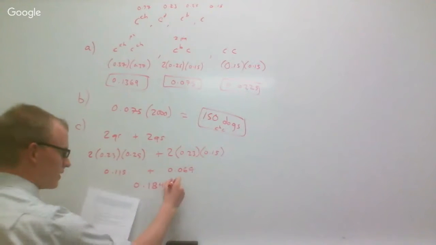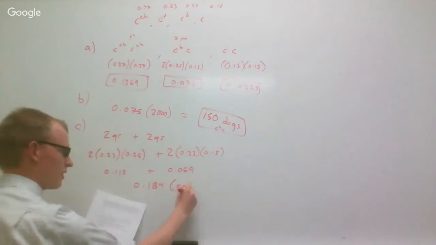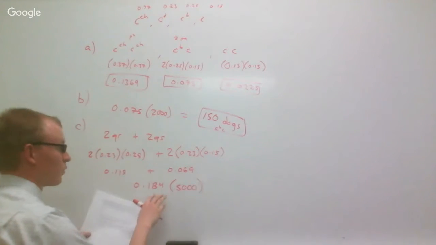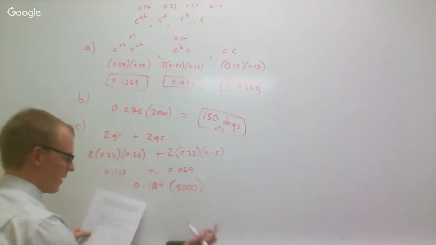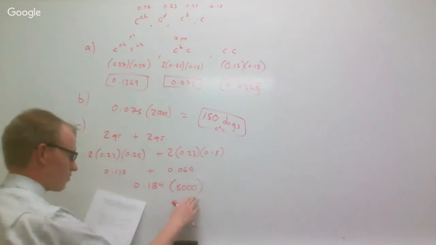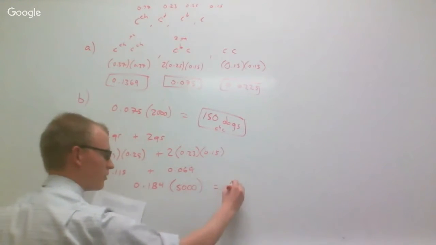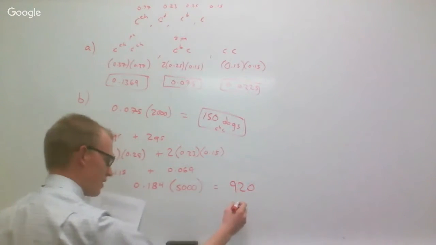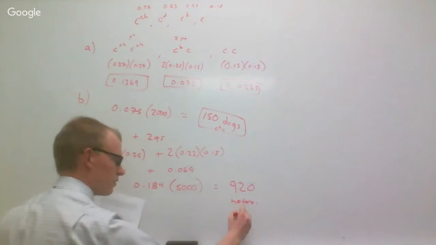And then we need to multiply that by the population of 5,000 dogs to find out how many we expect with the dark eyes, white coat, but heterozygous. Again, a little bit of math in your calculator, 0.184 times 5,000 will give you 920 heterozygous dark eyes.